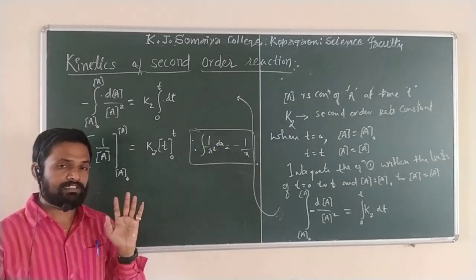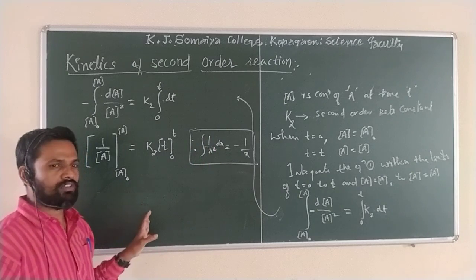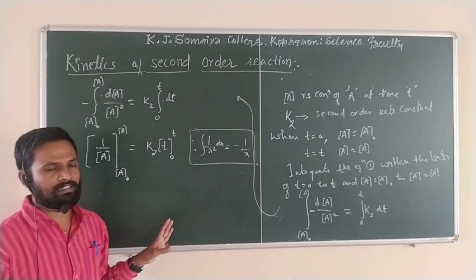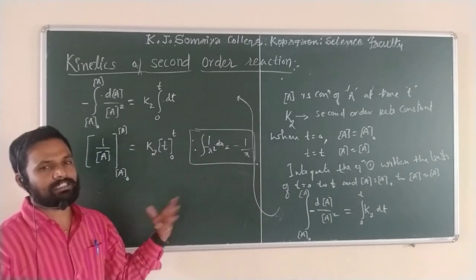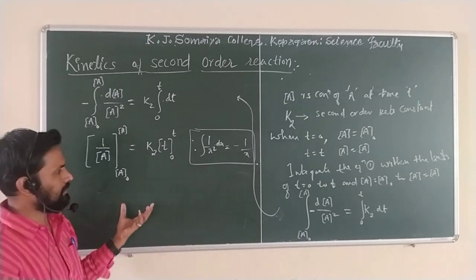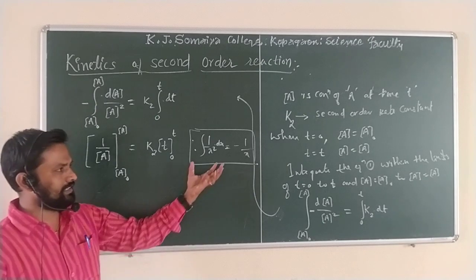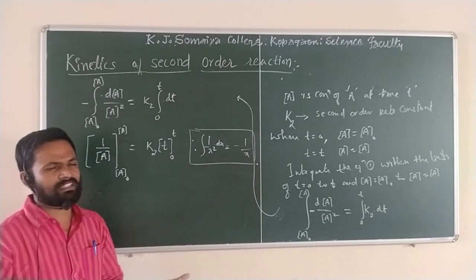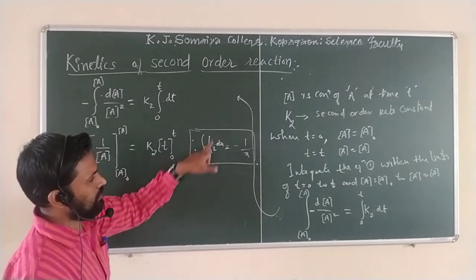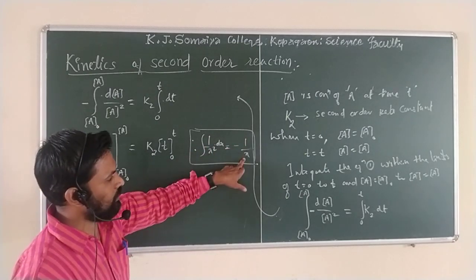Especially I am telling this for those students who did not take mathematics in the 12th standard, from the non-mathematics stream. Those having mathematics can easily understand, but for non-mathematics students the integration formula may be difficult. Very simple, nothing is there. In mathematics there is a formula: 1 upon x square dx, if integrated, gives minus 1 upon x.